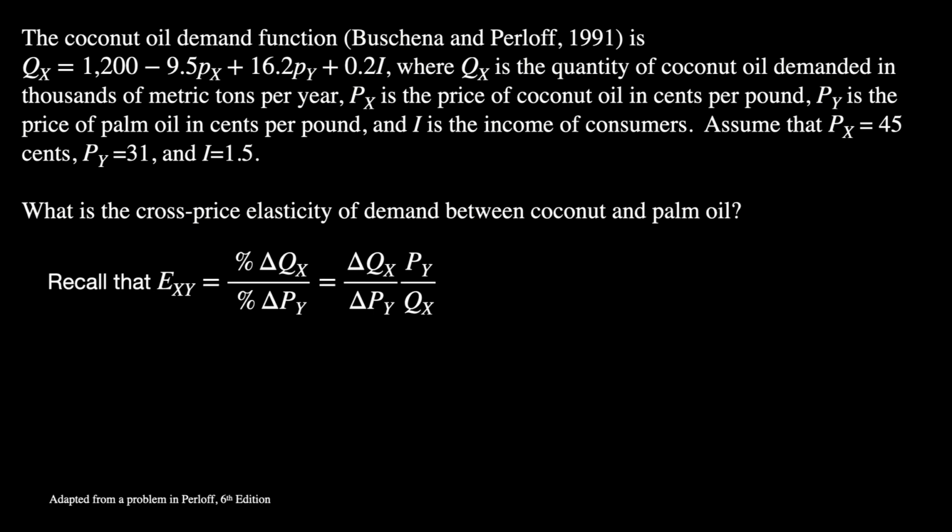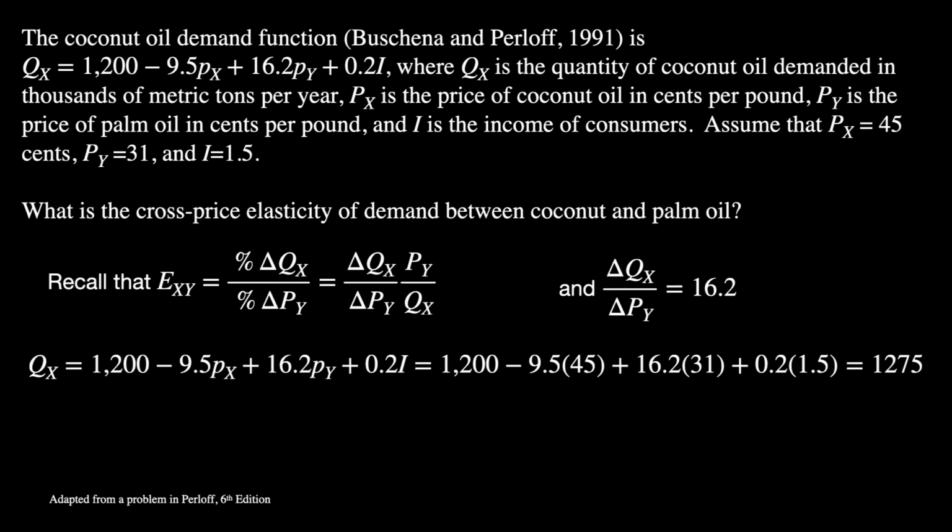Recall that the elasticity equation can be written in terms of the slope coefficient as follows. In this case, the slope coefficient on the price of palm oil is 16.2. This shows that every time the price of palm oil goes up by 1 cent, the demand for coconut oil increases by 16.2 metric tons.